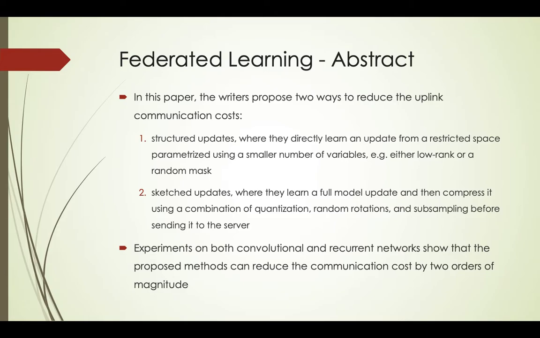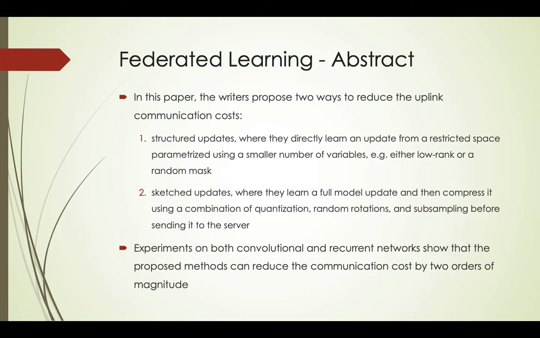In this paper, the writers propose two ways to reduce the uplink communication costs. Structured updates, where they directly learn an update from a restricted space parameterized using a smaller number of variables, either low rank or random mask.